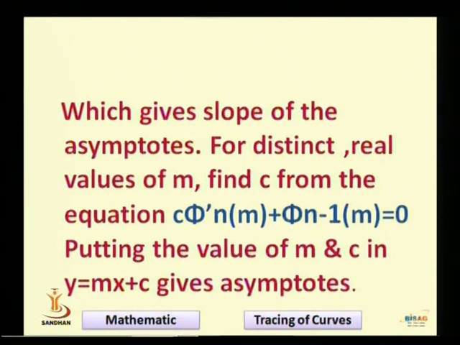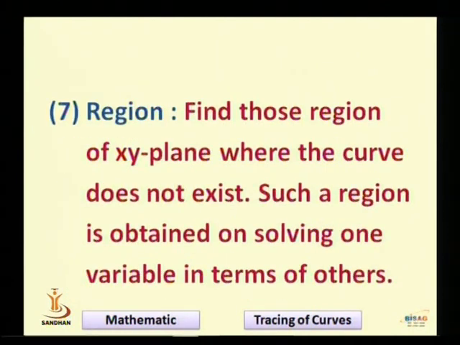Putting the values of m and c in the equation y equal to mx plus c gives the oblique asymptote. Thus, we find all the asymptotes, parallel to the coordinate axes or oblique, if the curve has them.